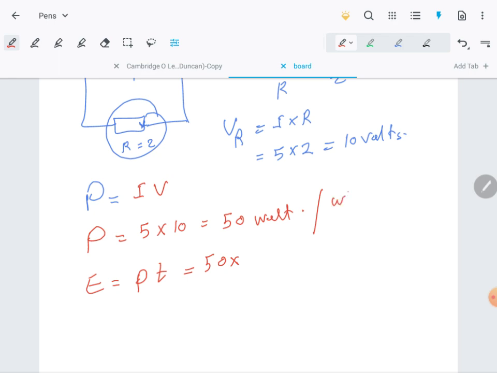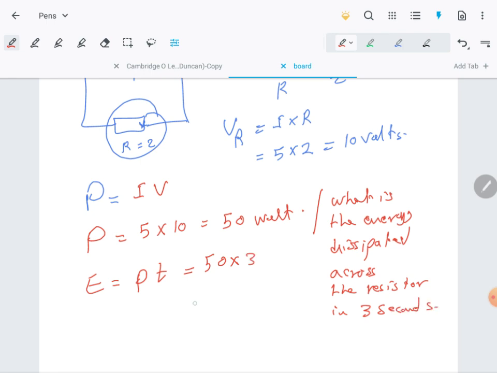When I say what is the energy dissipated across the resistor, I should mention the time, for example, 3 seconds.